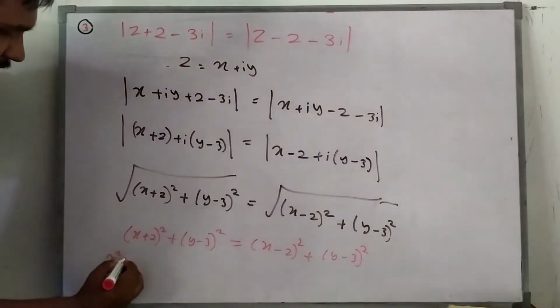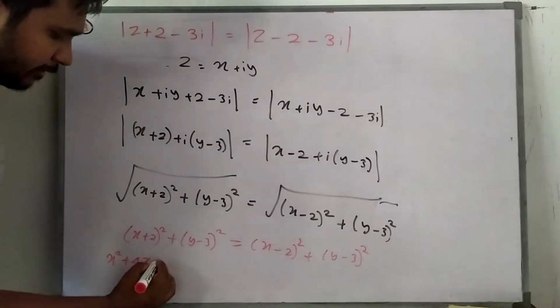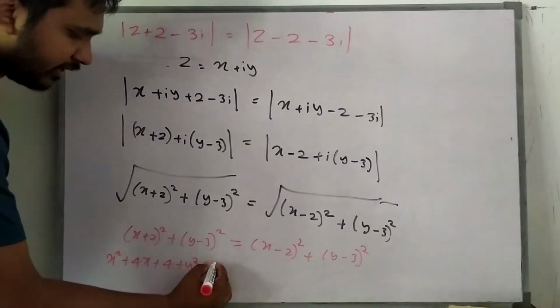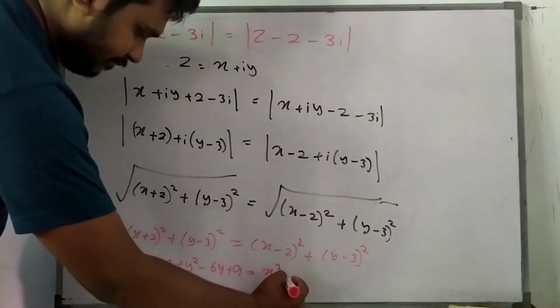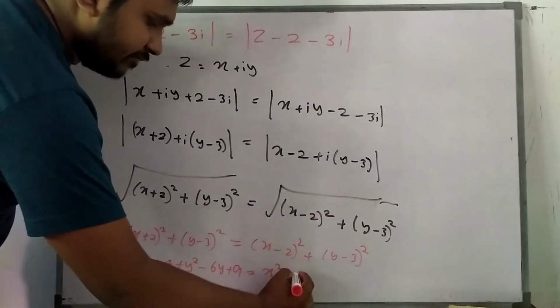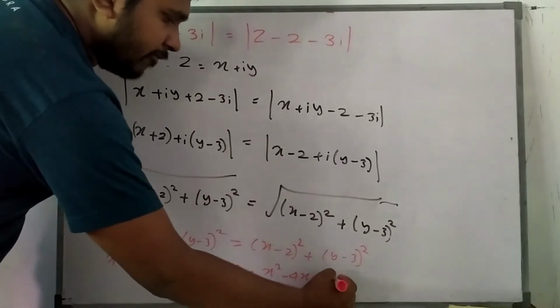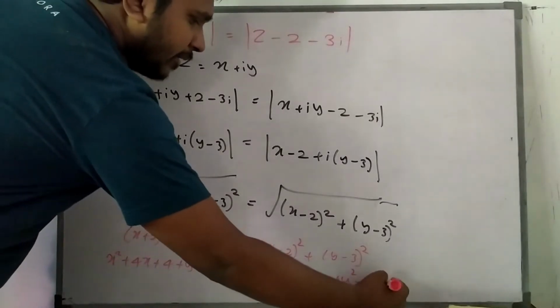It will be x squared plus 4x plus 4, y squared minus 6y plus 9, over x squared minus 4x plus 4, y squared minus 6y plus 9.